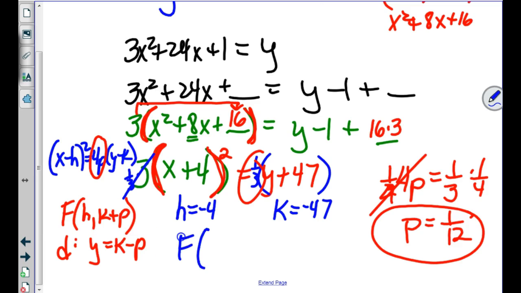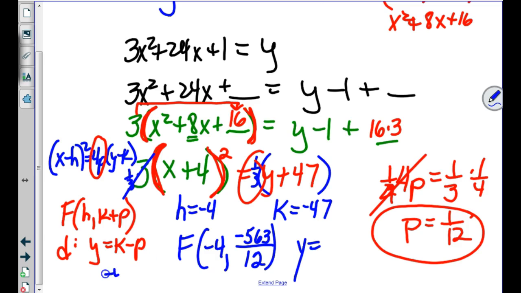So the focus would be at -4 comma -47 plus 1/12. Can anybody type that in? -47 plus 1/12? Okay, or math enter. Okay. And then the directrix is y equals k minus p.